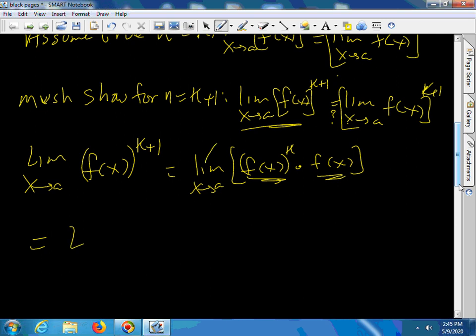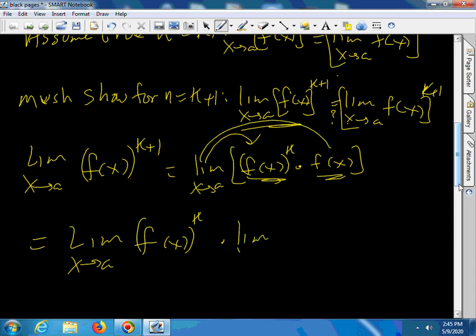I may not know what the limit of this is. Maybe I will though. The limit as x goes to a of f of x to the k times the limit of the second function. And this is where everything comes together.